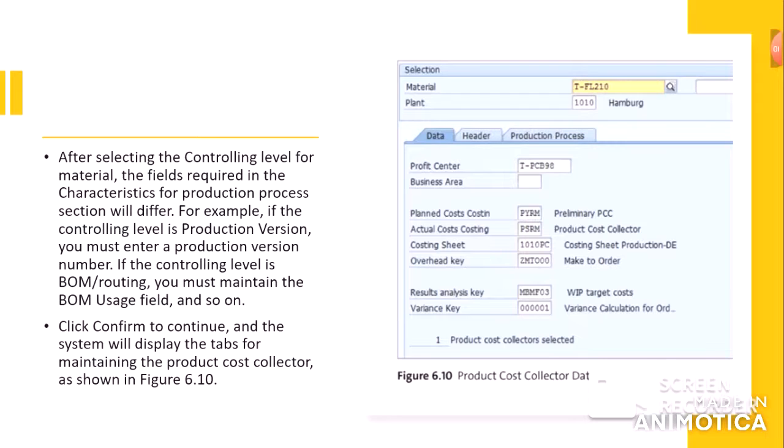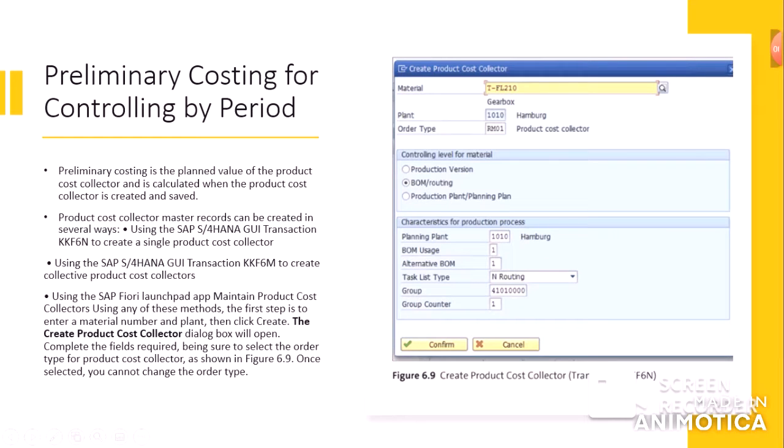If the controlling level is BOM or routing, you must maintain the BOM usage field, and so on. Click confirm to continue and the system will display the tabs for maintaining the product cost collector as shown in this figure.